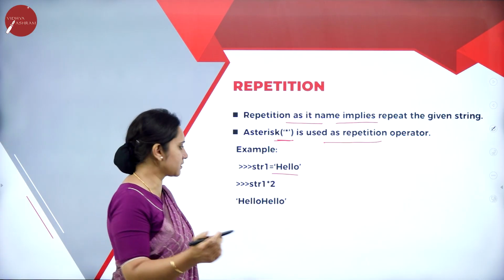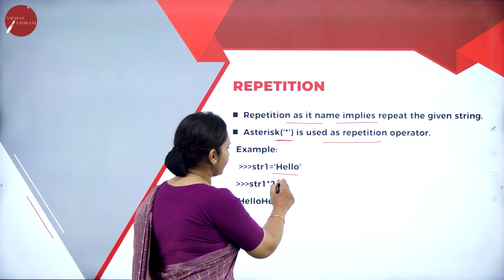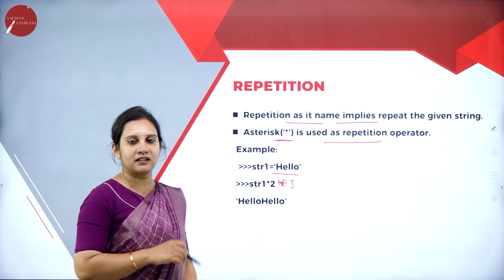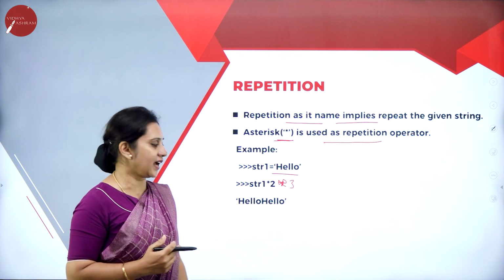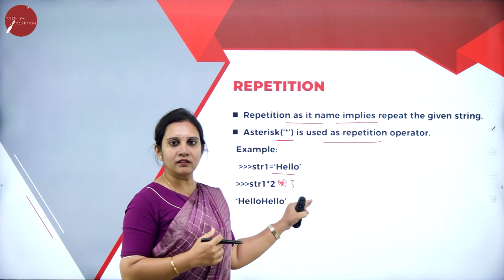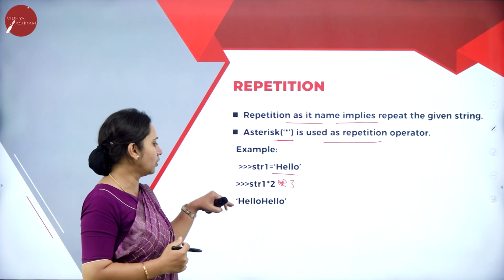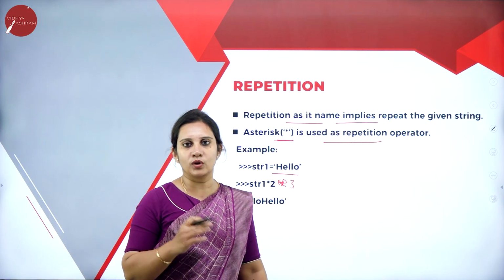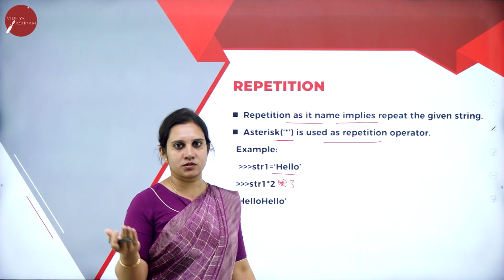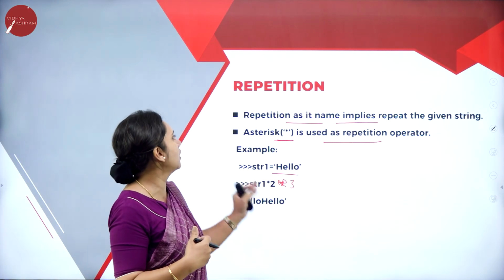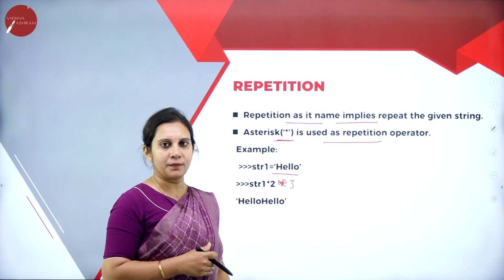Hello hello, 2 times if it repeats. Same way, if I want to repeat 3 times, I can use the asterisk symbol. Next to that, n, how many number of times I need it, I can mention the number over there, and the string will be repeated that many times. So this is nothing but a repetition operation.